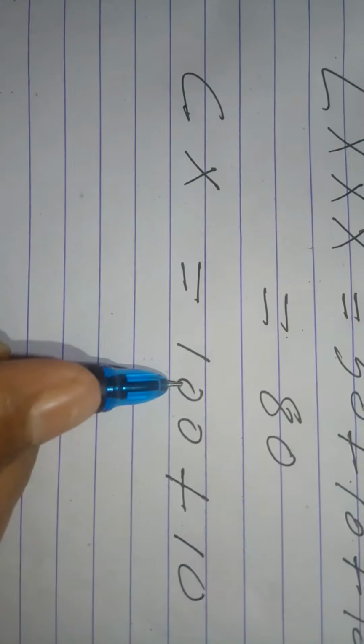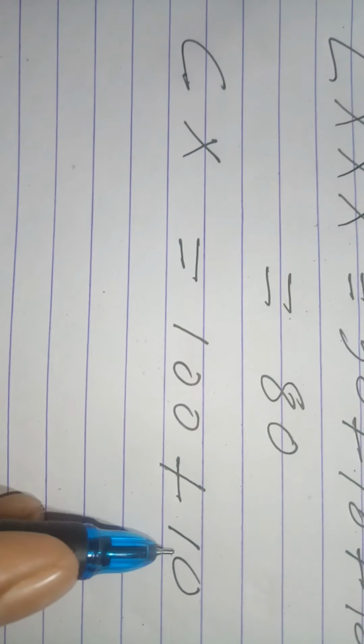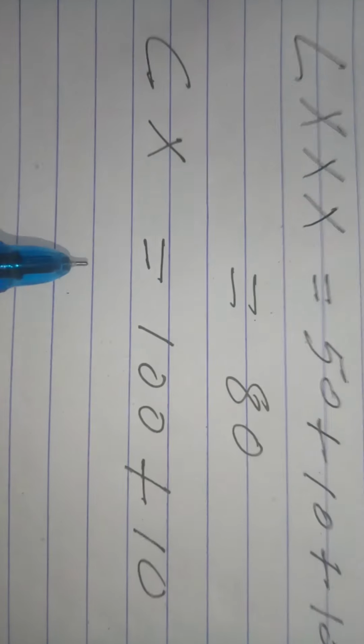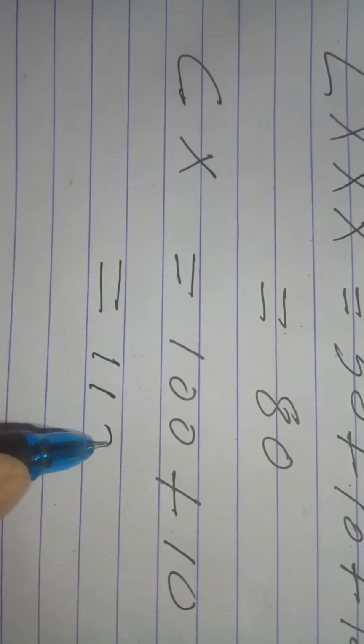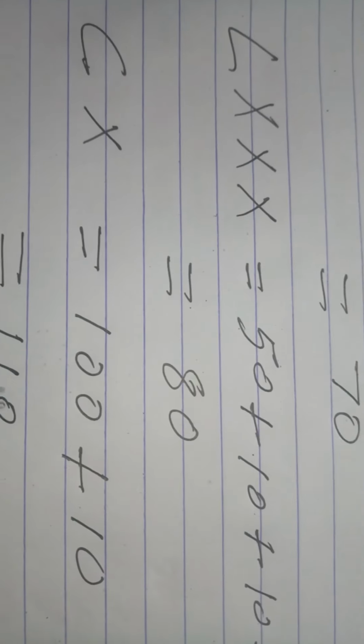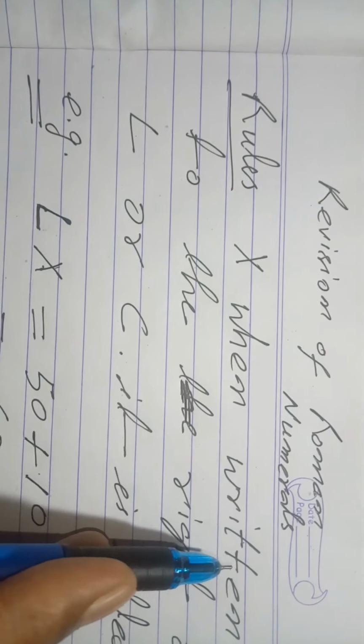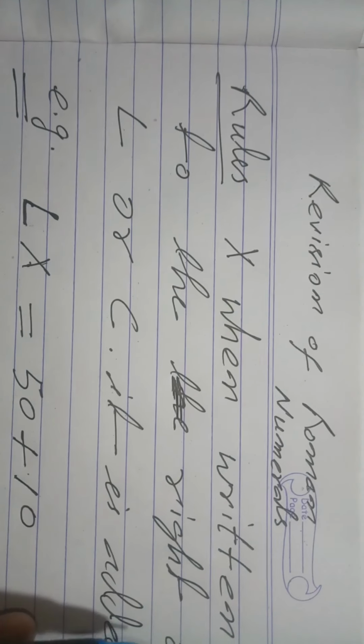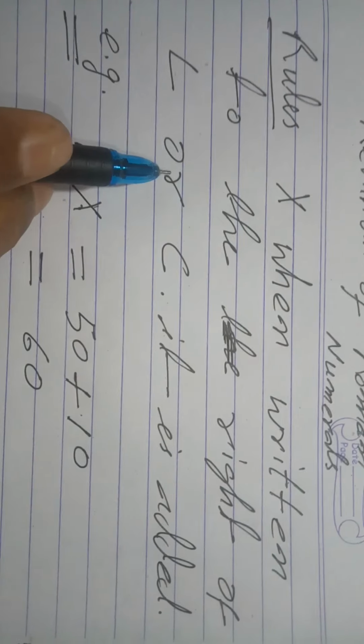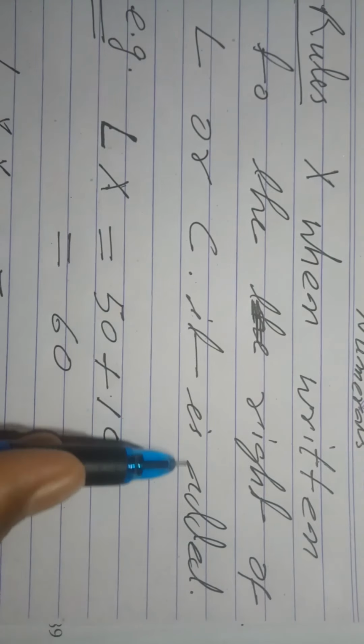C for 100, X for 10, 100 plus 10, 110. The rule is: X, when written to the right of L or C, is added.